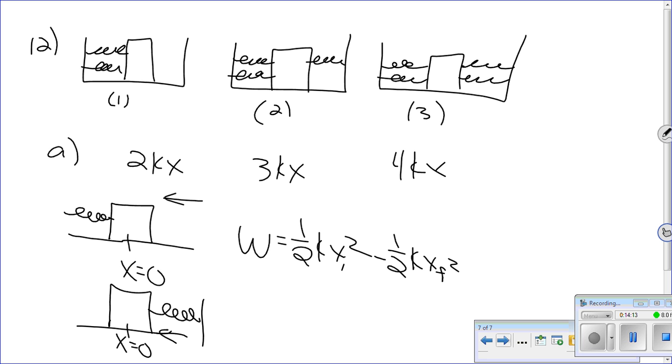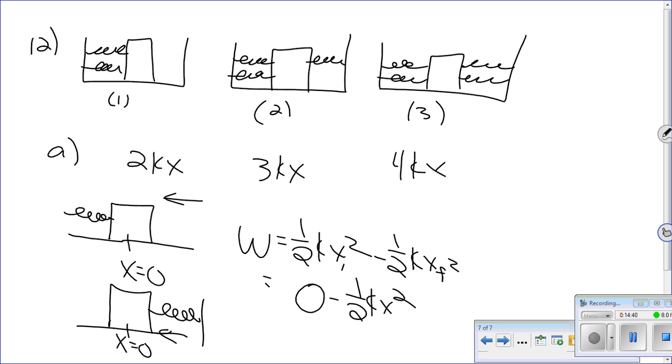So let's look at this first case. It's the easiest one, right? If I stretch the spring this way, then my displacement is this way, but my force is in the opposite direction. My initial x is 0, so my work is actually 0 minus 1/2 k x squared. So all that Alex is saying is that the work done by the spring is going to be a negative value.